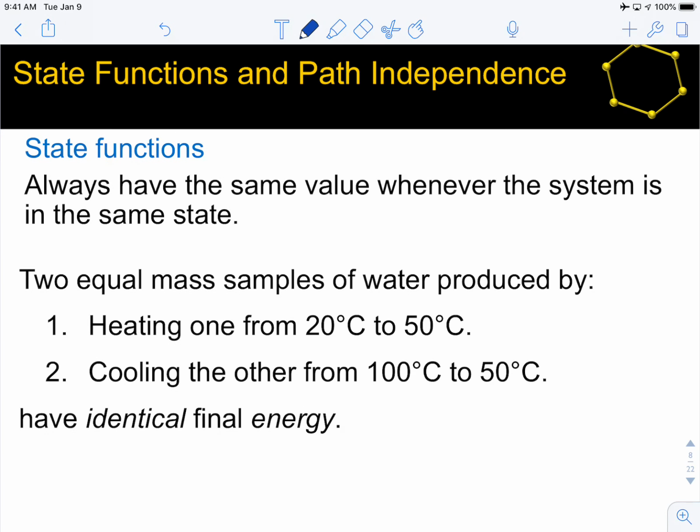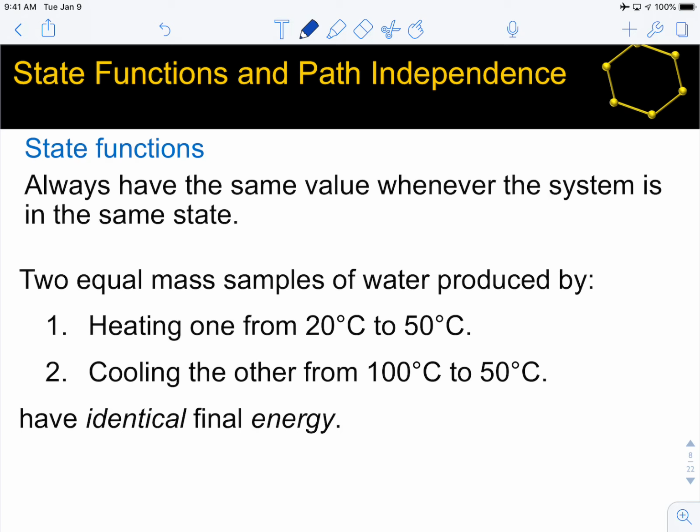One thing we need to define related to these systems is state functions. And this is kind of the path that you take to get to a system. What we're trying to say here is that they always have the same value whenever the system is in the same state.